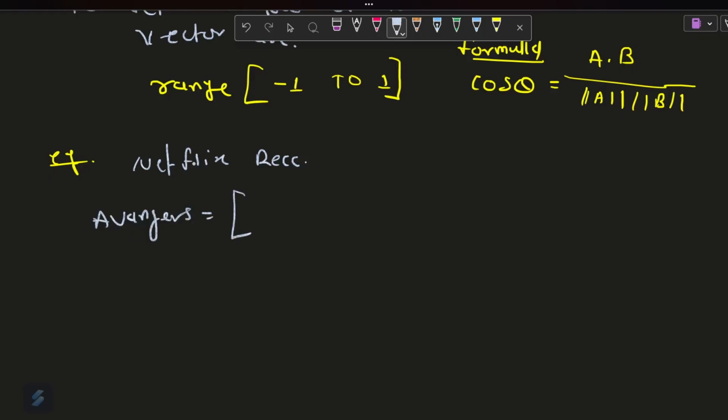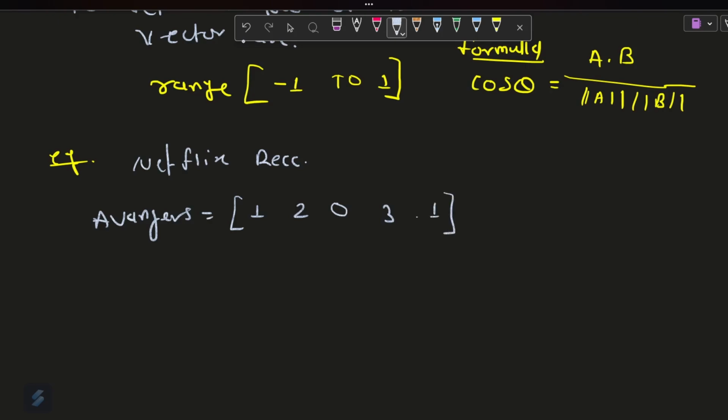For that movie, we have ratings for each genre. For example, action, comedy, songs, and drama. Comedy is one, action is two, songs are almost zero, and drama is three, and let's consider one more point.